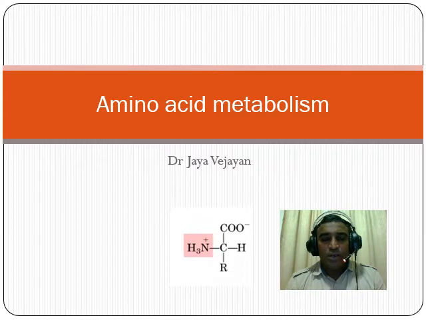This will be removed from the amino group, and the carbon skeleton will be utilized in energy production from the amino acid, while the amino group, being toxic at high levels in the cell, is required to be converted to urea in mammals by the urea cycle.